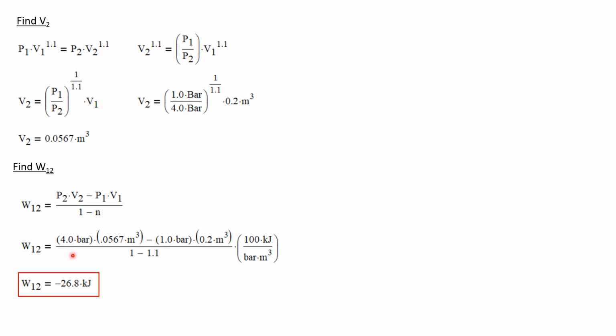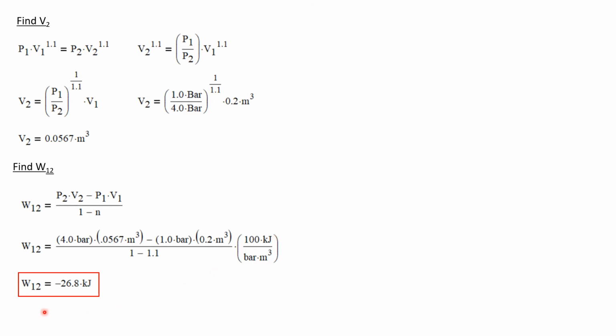We have all of these values. P2 is 4 bar. V2 is 0.0567 cubic meters. P1 is 1 bar and V1 is 0.2 cubic meters. N has a value of 1.1. This will yield units of bar cubic meters, and 1 bar cubic meter is equivalent to 100 kilojoules.